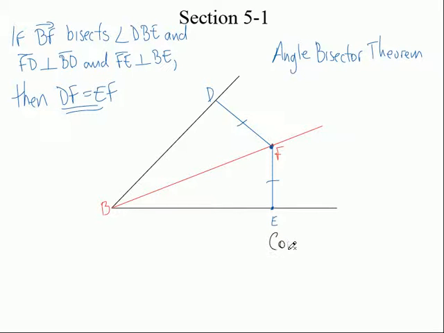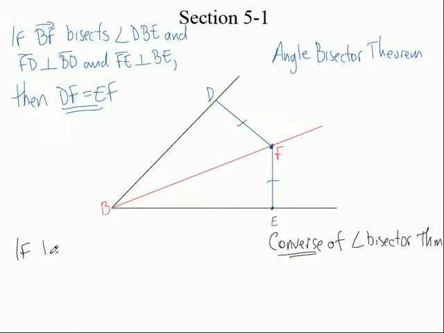The converse of the angle bisector theorem. So now we're doing the converse. Remember, the converse does what to the if and then? It flips them. So watch. Instead of saying if all that stuff is true, then DF equals EF, what could we say?